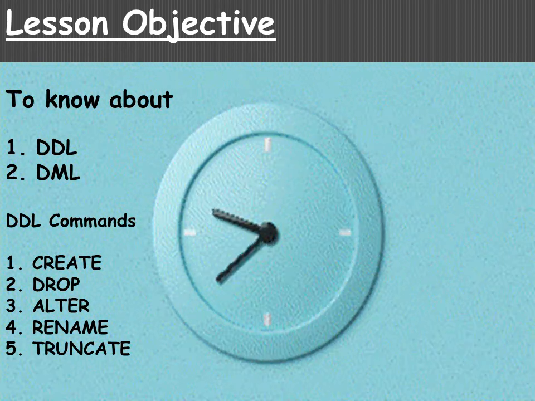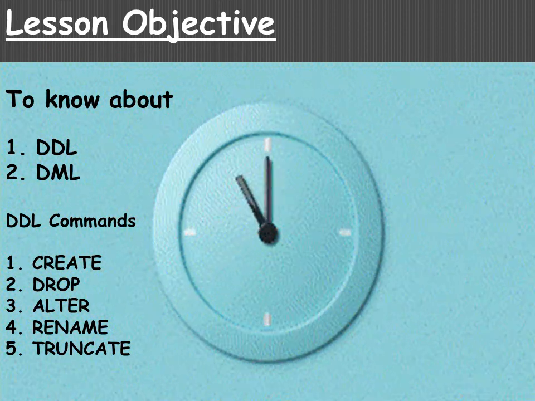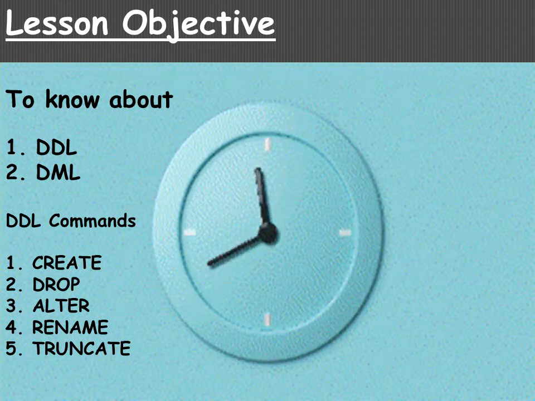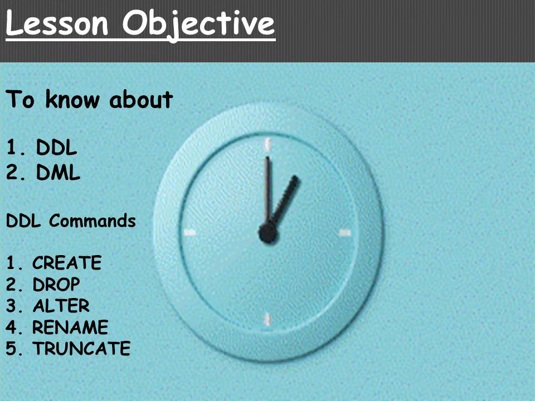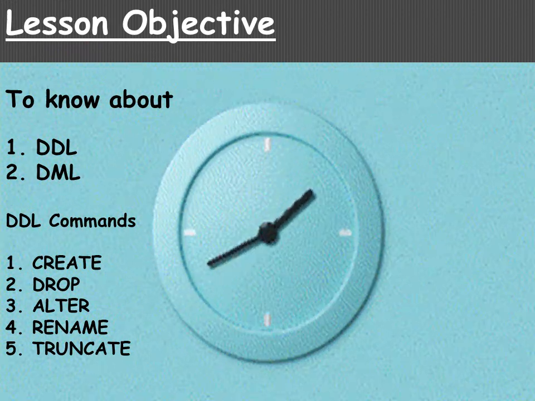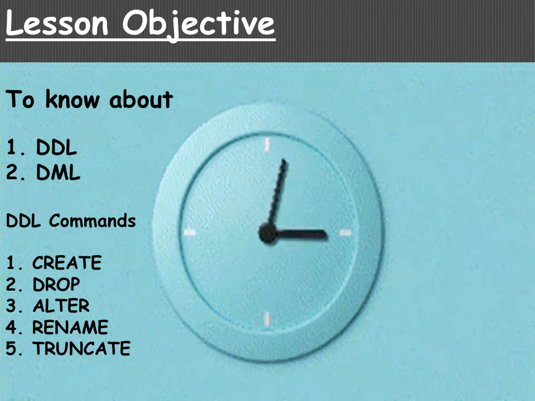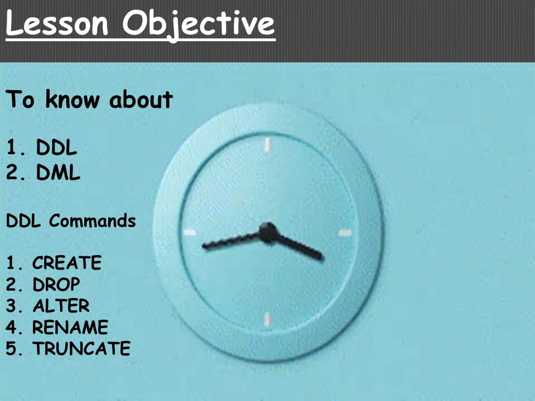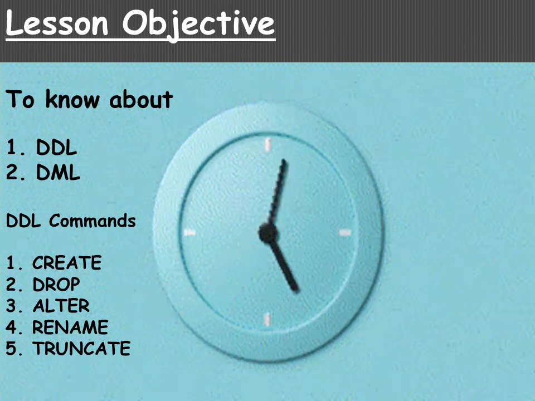Along with this, we can also create other objects like tables, forms, queries and reports, and work with all these objects. In today's lesson we will discuss some of these languages. There are basically two languages used for this task.